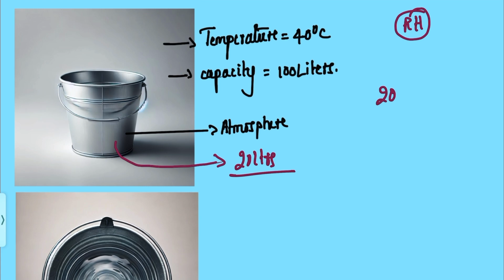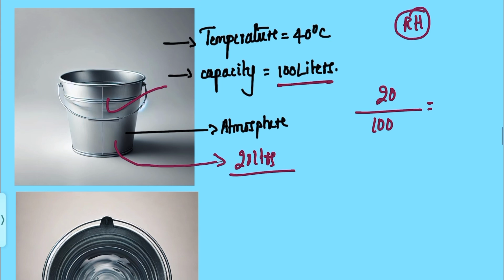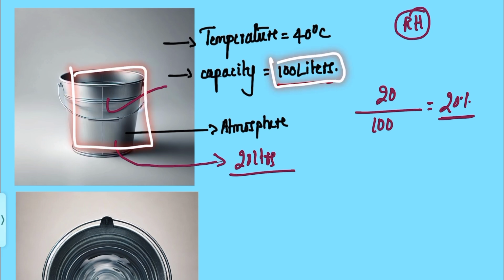So the current moisture present in this bucket is 20 liters, and what is the total capacity? 100 liters. So what is the percentage of water which is currently present in this bucket? If we do this calculation, then it would be 20%. Basically, what I'm trying to say here is that this atmosphere's capacity to hold water is 100 liters, but presently this atmosphere has 20 liters of water.